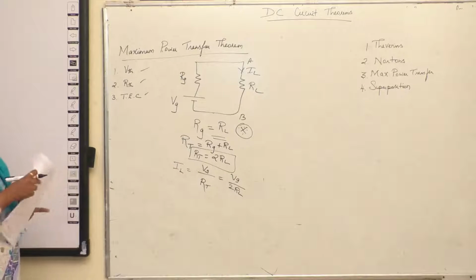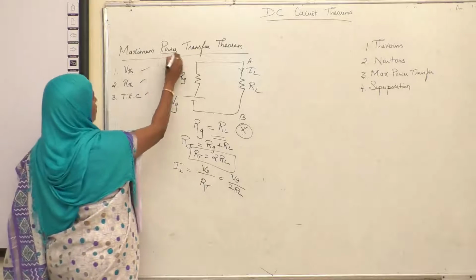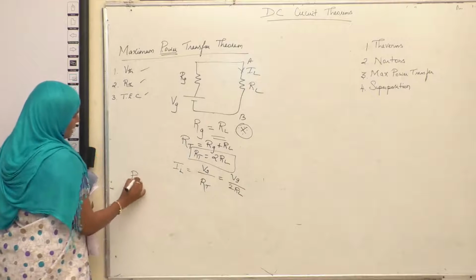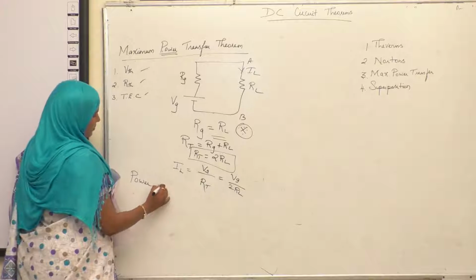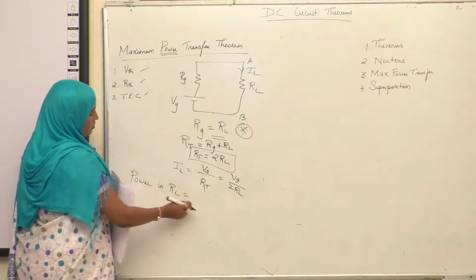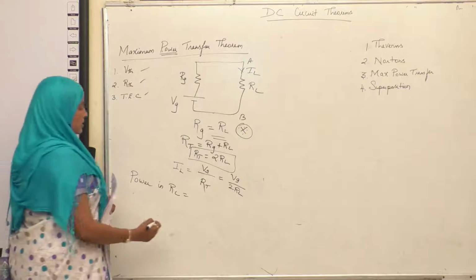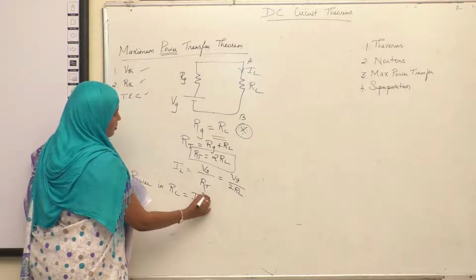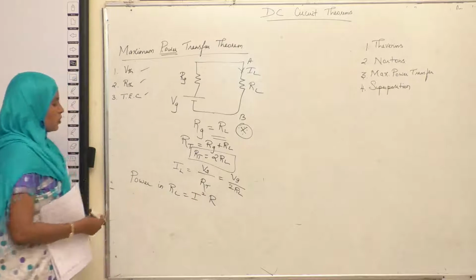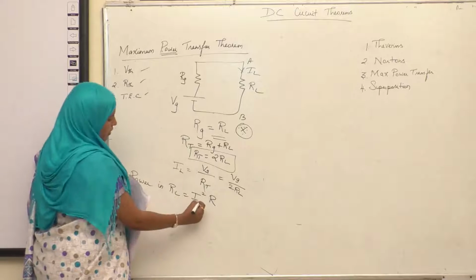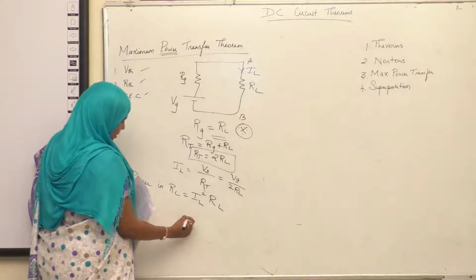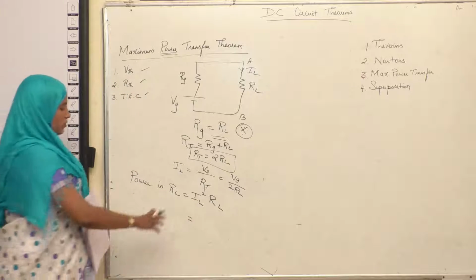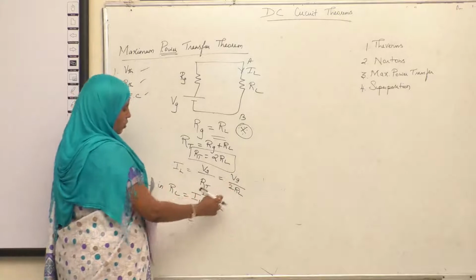Okay. Now this theorem talks about power. So maximum power present in RL. Formula you know, I square R. So this I is nothing but the load current IL, and resistance is nothing but RL. Now substitute IL as Vg by 2RL here.